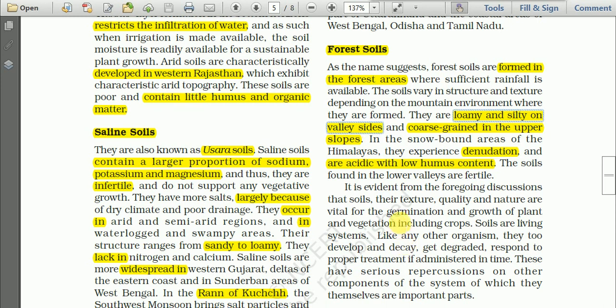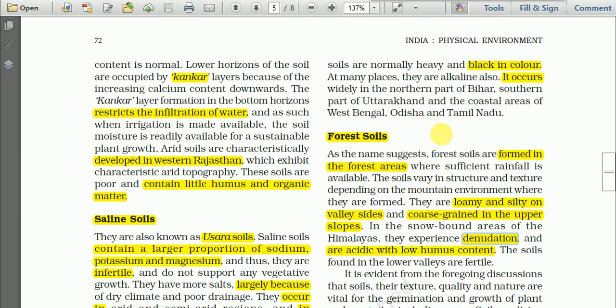And in the snowbound areas of the Himalayas, they experience denudation, that is the erosion process, and are acidic with low humus content. Acidic means the hydrogen ion concentration, that is the pH value, is less than 6.5. And for the alkaline, the pH value is more than 6.5.